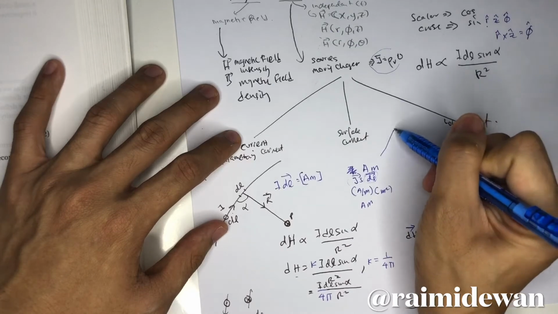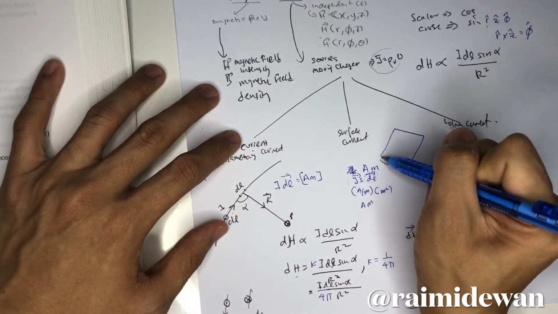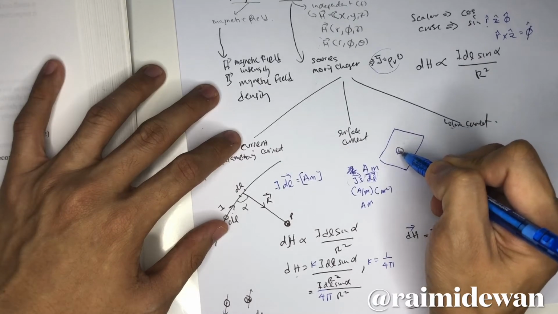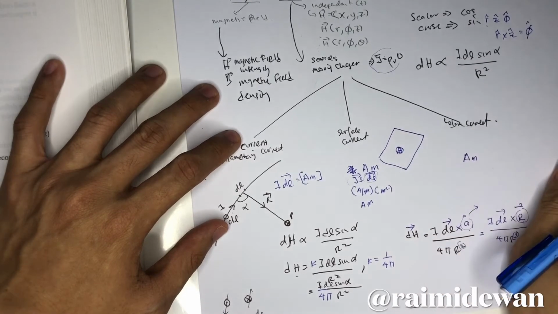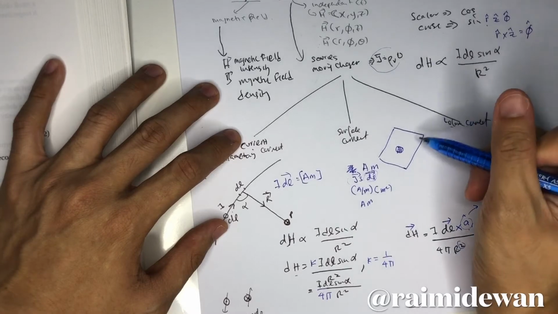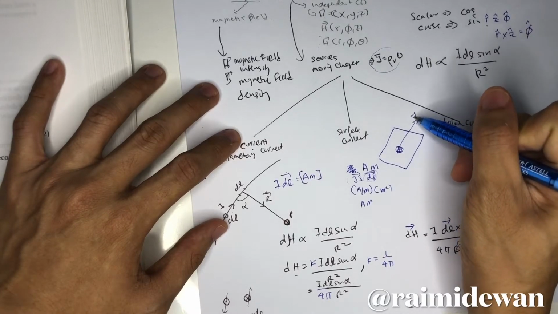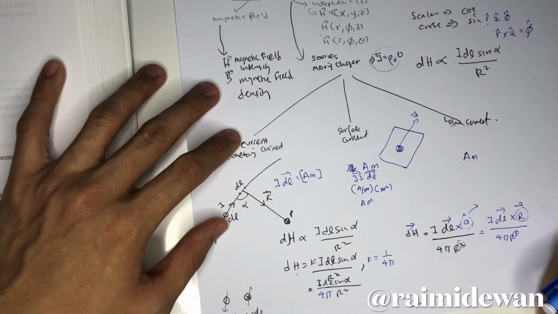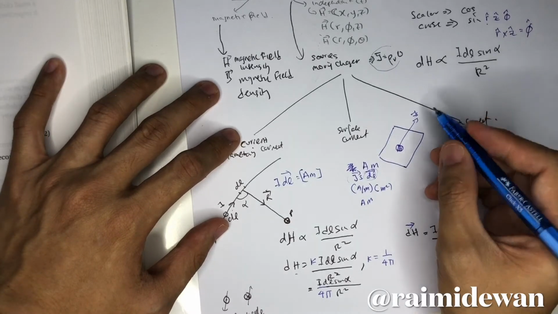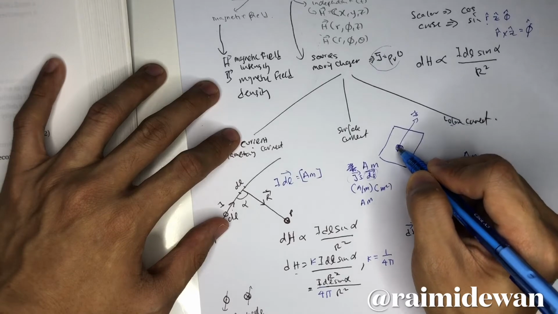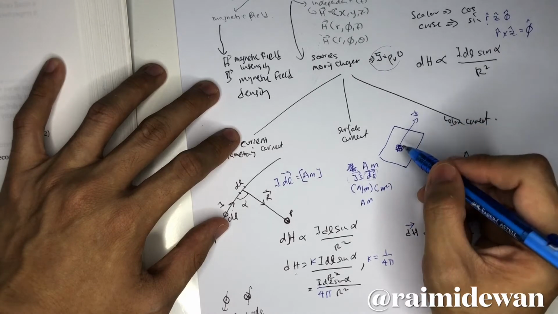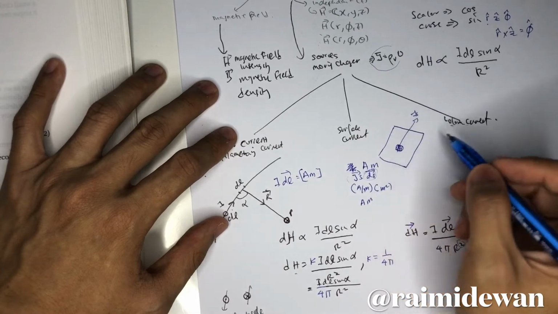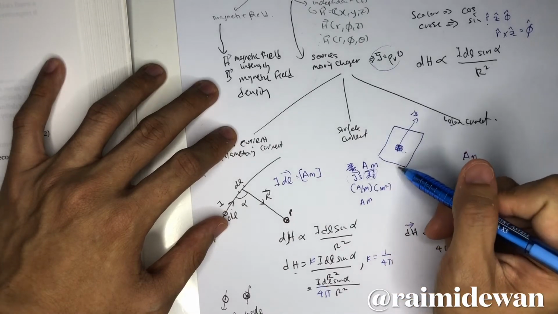The representation of the surface current is that you have a surface, then you have a small sampling area, then you have your JS, and you are able to obtain the nature of this.